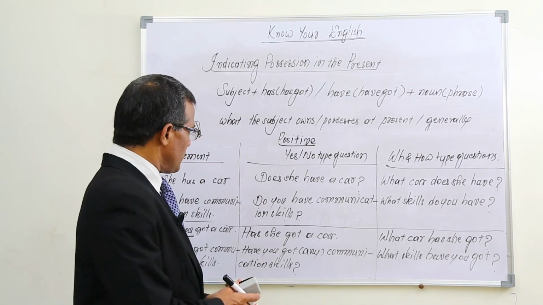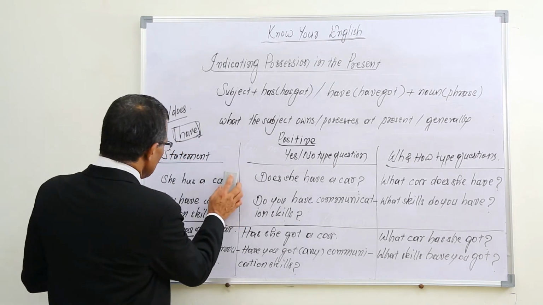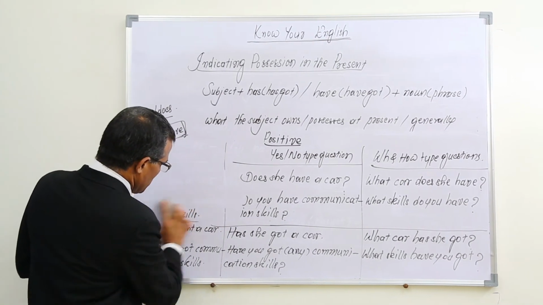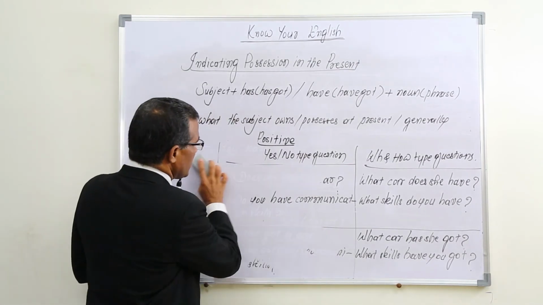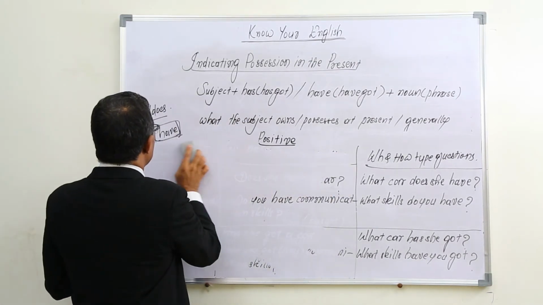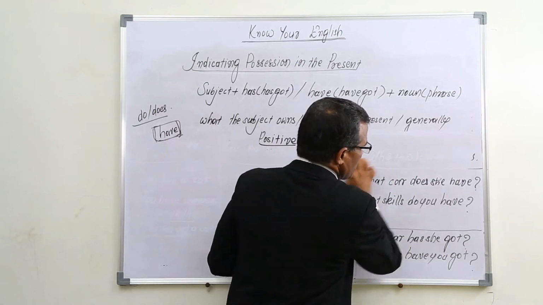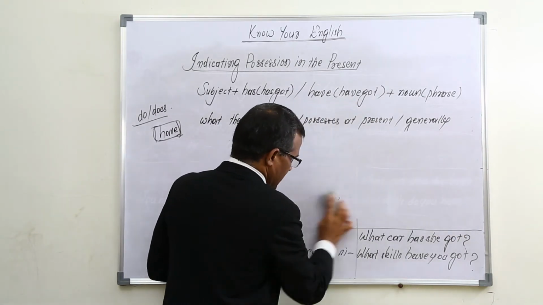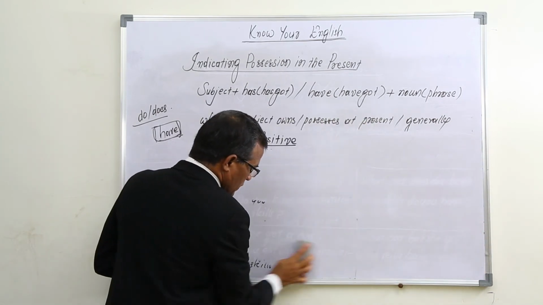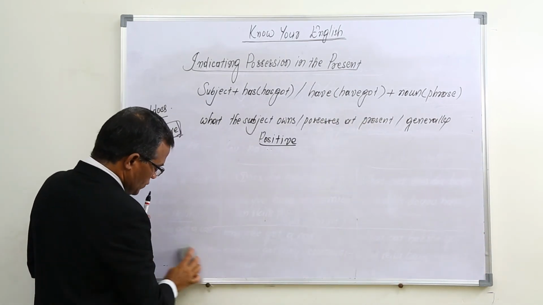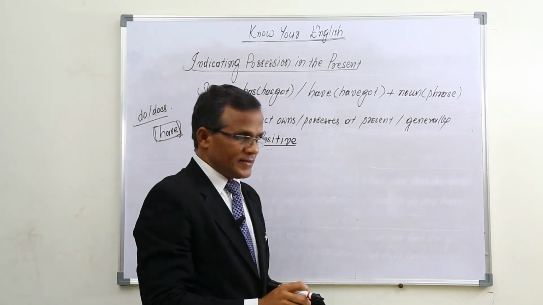Now negatively, okay, right. Negatively also, in what way we frame this, I will give two examples and you can easily know in what way we have to frame the questions also. And for framing questions negatively also, we have to take again do or does.